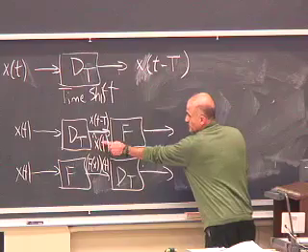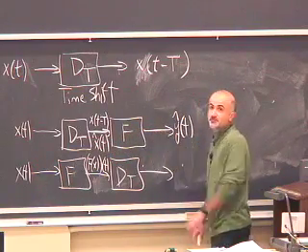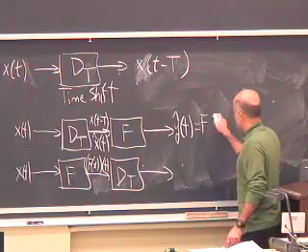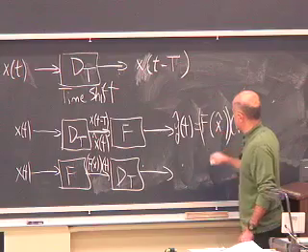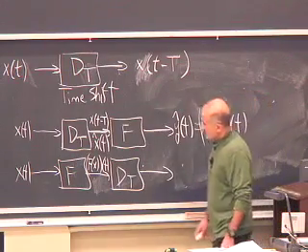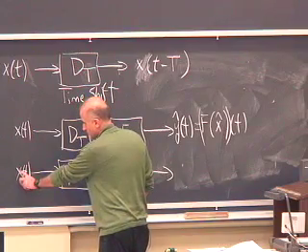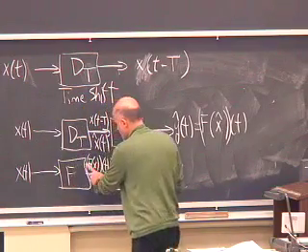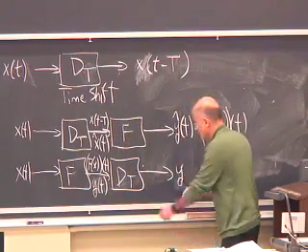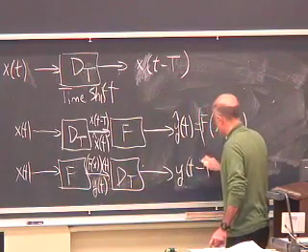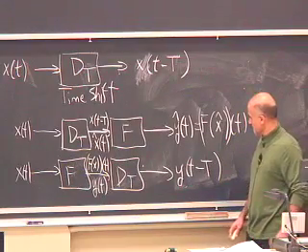When we sent the shifted signal into f, we call that y hat of t, which was f of x hat evaluated at time t. Then we looked at the original system. You had x of t going into the system. You got y of t out. And you send it through a delay. You get y of t minus cap t. All right, now it looks good.